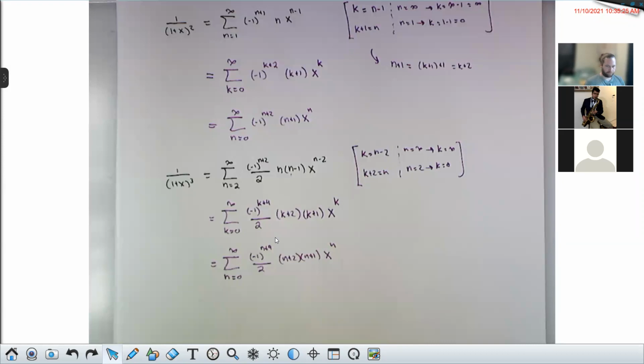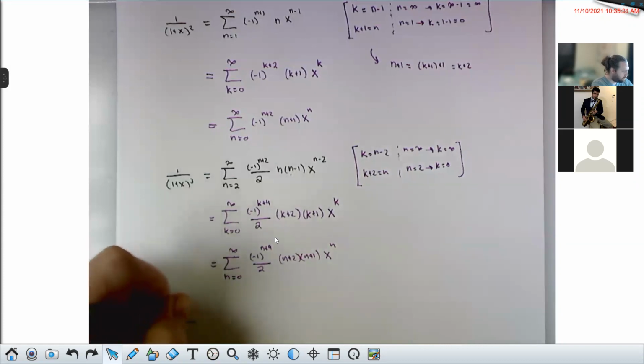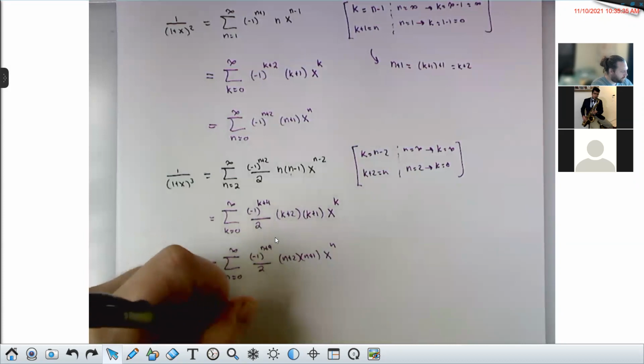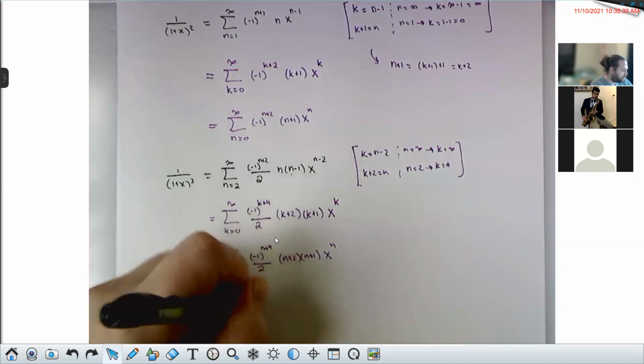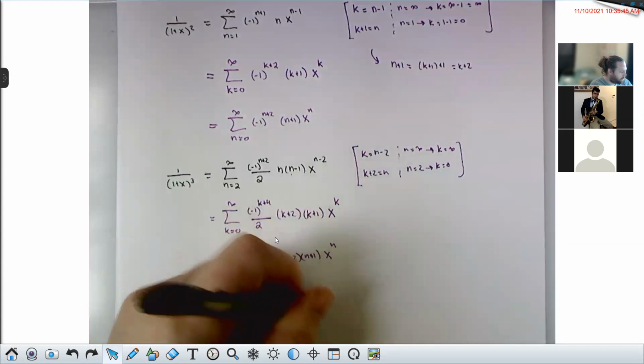The last one, you'll see I already had an x to the n there. But if my goal is to shift the starting index back down from 2 to 0, what did we have? We had negative 1 to the n plus 2 over 2, n minus 1, x to the n.